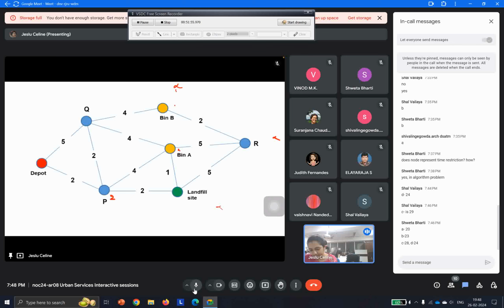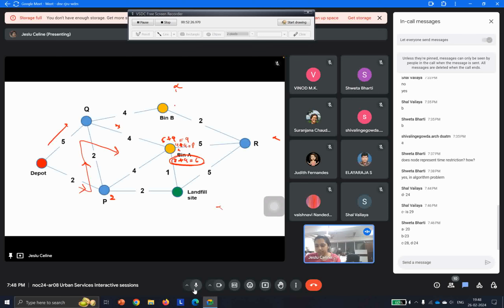I can then travel to bin A, so that becomes 2 plus 4, which is 6. Another method is I can travel this way, so that becomes 5 plus 4, which is 9. And I can also travel this way, which is 4 plus 4 plus 4, 8. Among these, 6 is better, so I choose 6, but I'm just leaving it there.